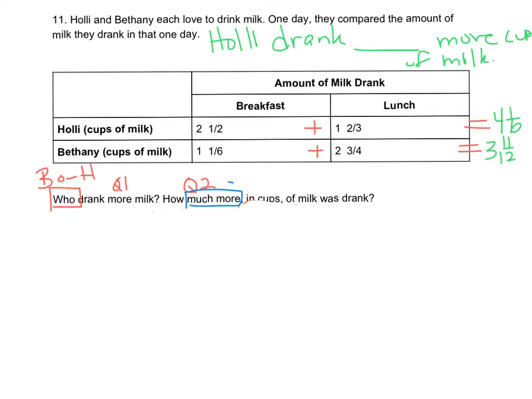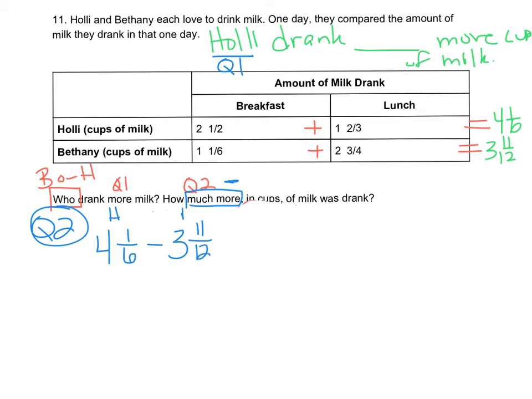So now I'm answering question 2, because I already figured out Holly drank more, which is question 1. So now, if Holly drank more, I want to know how much more. I know I'm having to subtract. So I'm going to take the larger number, which is 4 and 1/6, minus 3 and 11/12. So that's Holly minus Bethany's.